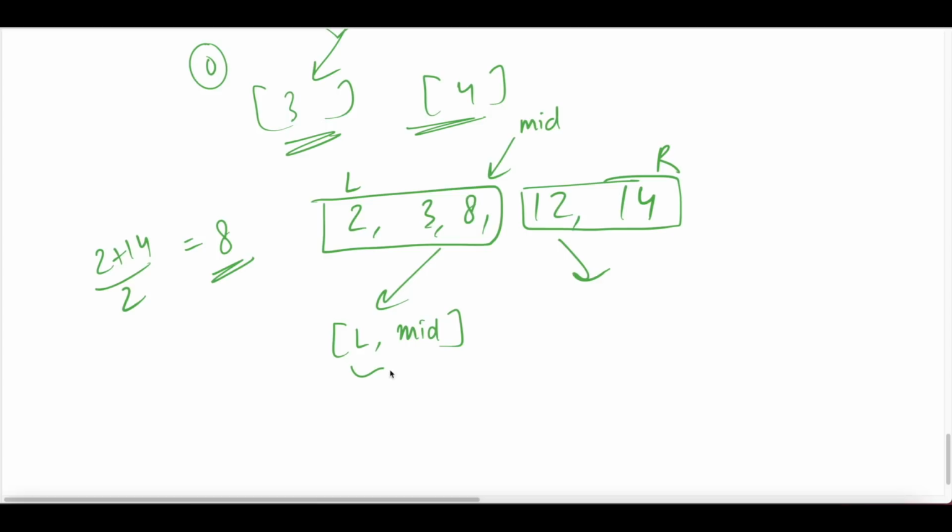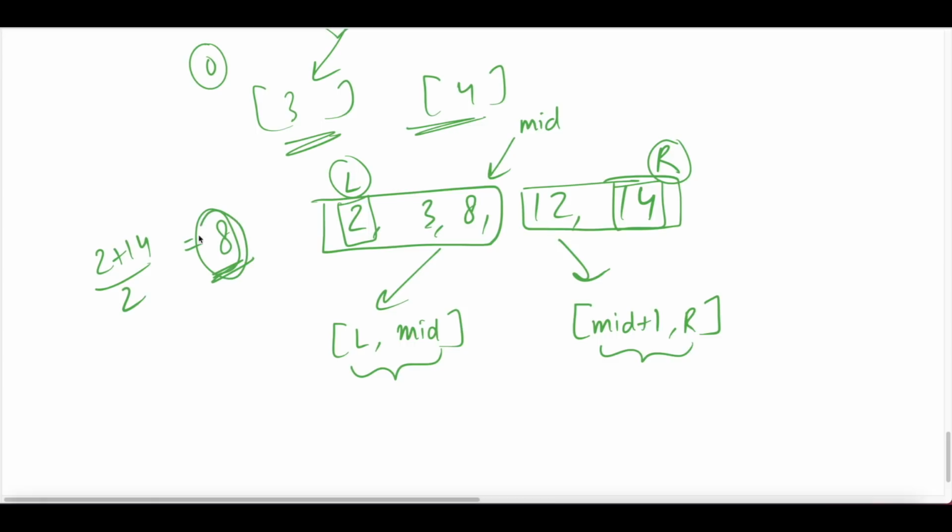And this can exactly tell me what is the subarray that I'm talking about. And over here, I can store mid plus 1 to R. So in this way, given L and R, I can take these two numbers, 2 and 14, compute their average, which is 8. Now for this 8, I figure out what is the index mid, which does this partition of our array. So I find that mid, and then I can store L to mid in my left child and mid plus 1 to R in my right child.